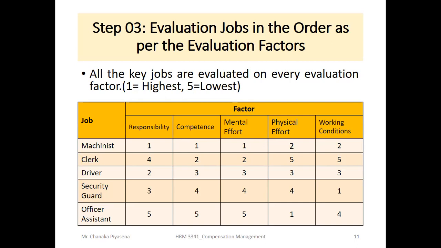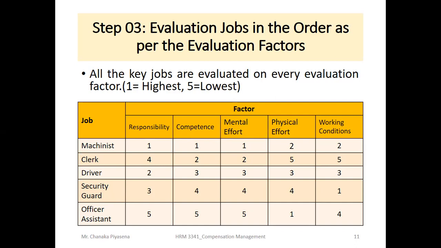Then as number one, this is like a simple ranking method. Number one is the highest valuable job and number 5 is the lowest valuable job in the organization.